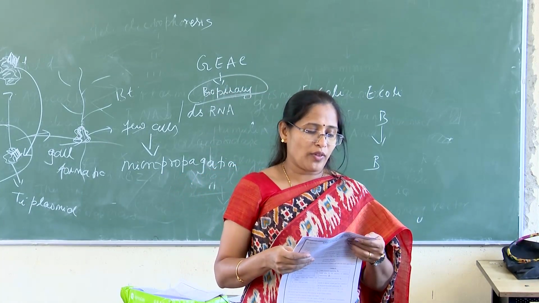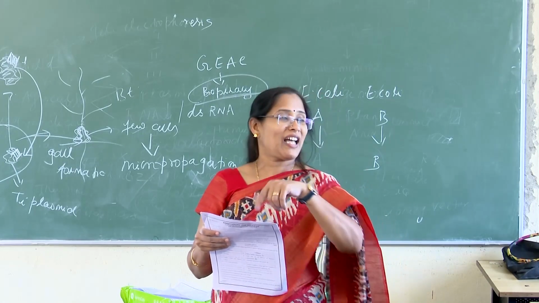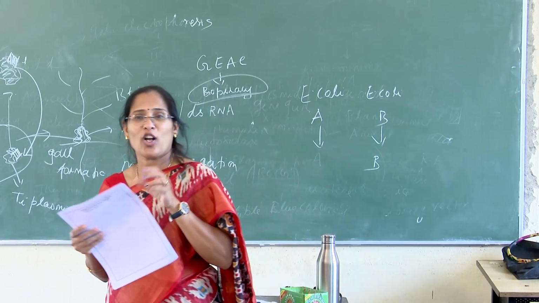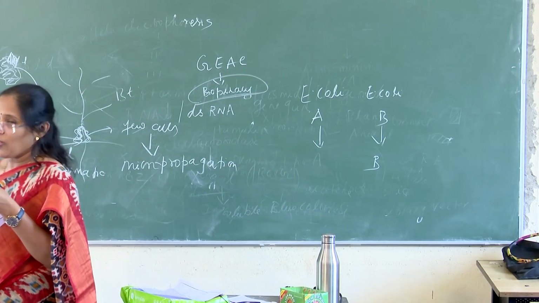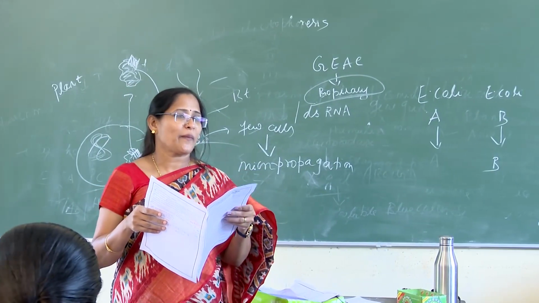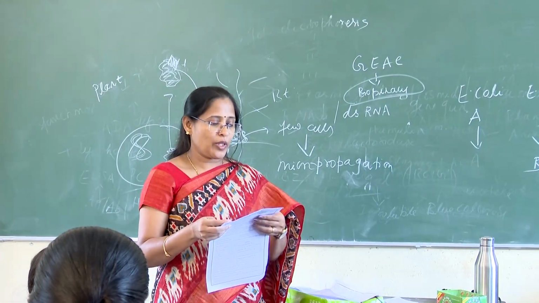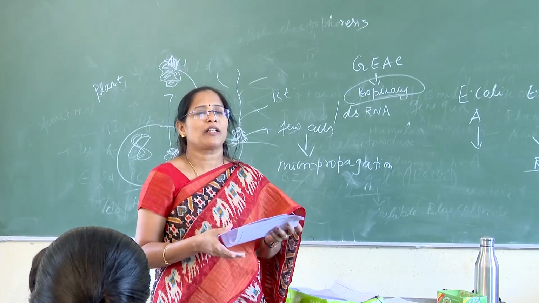Now which one of the following is a correct statement? Now again, I think this is also repeated. Yes, but options are not same, I think so. Options are not same, right? And now you tell me. Which one of the following is a correct statement?